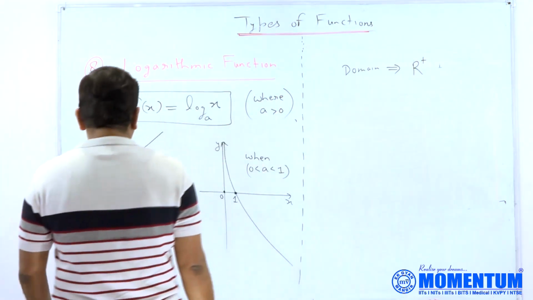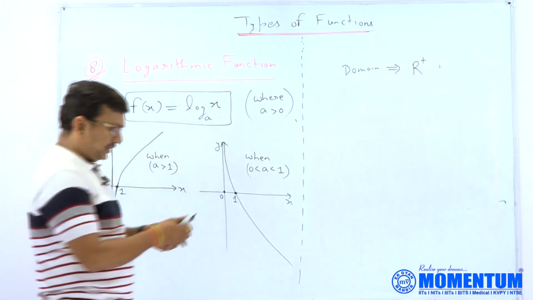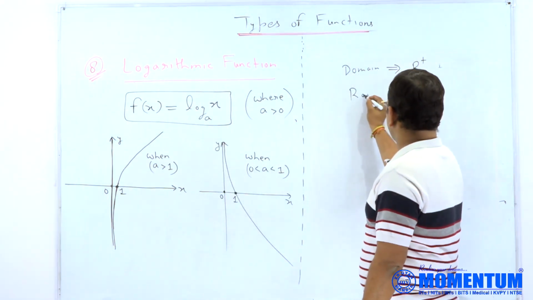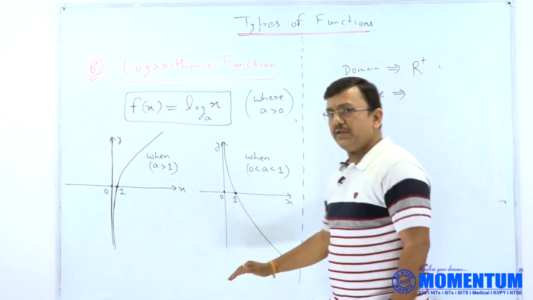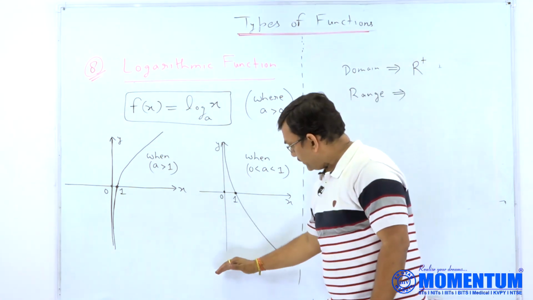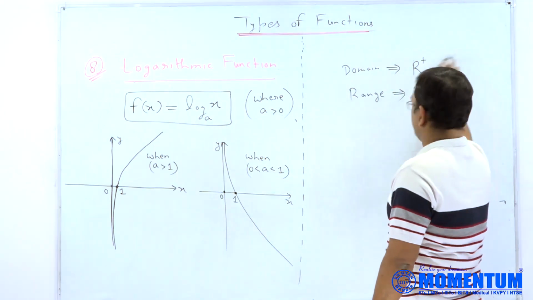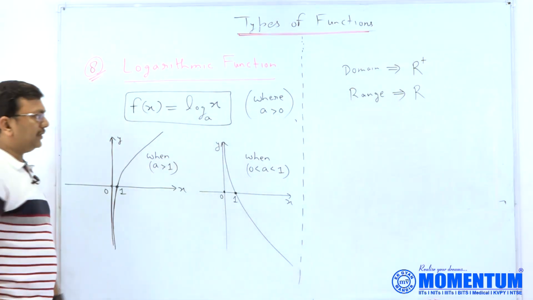So domain is R plus. Range is found on the y-axis, and on the y-axis we are getting all the values. So range is clearly R. Okay.